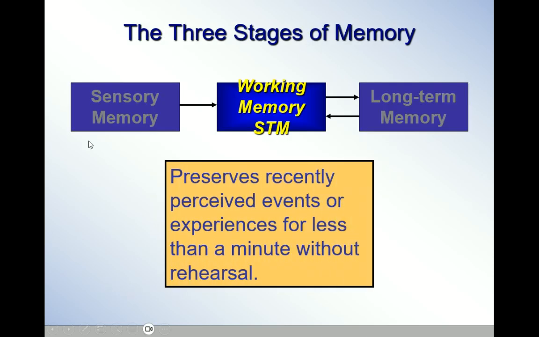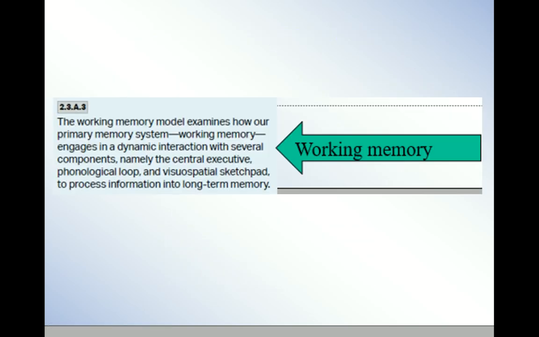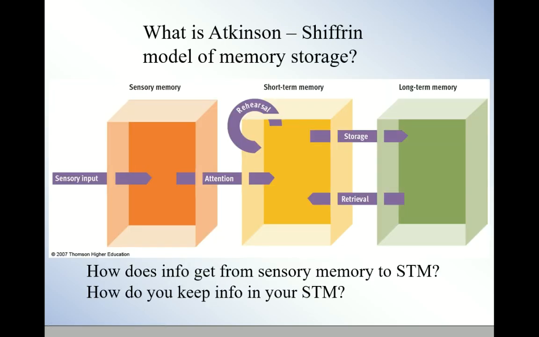Okay, working memory. It's also called short-term memory. It can hold about between 5 and 9 items, which is about what a phone number is. In order for something to get from sensory memory, you have to pay attention.